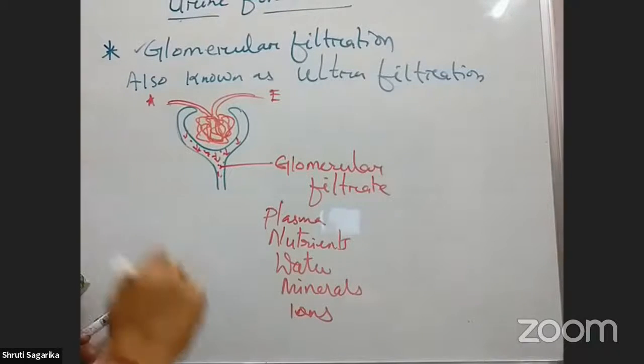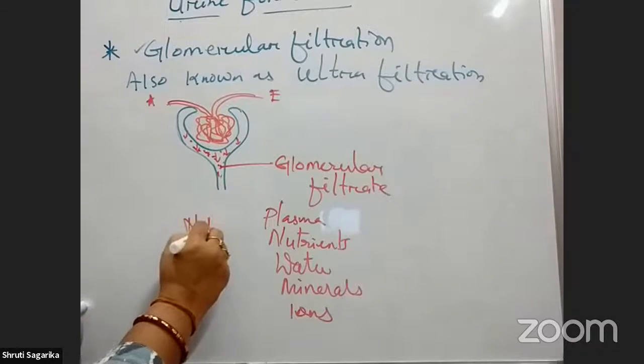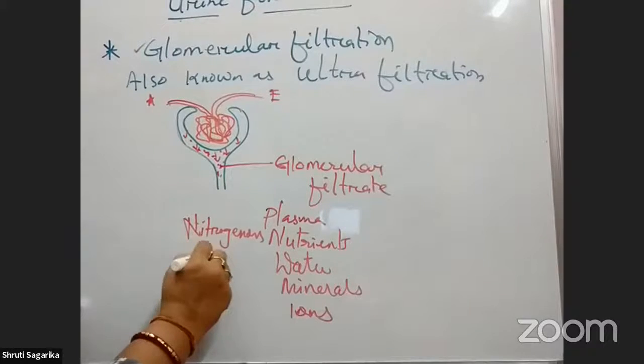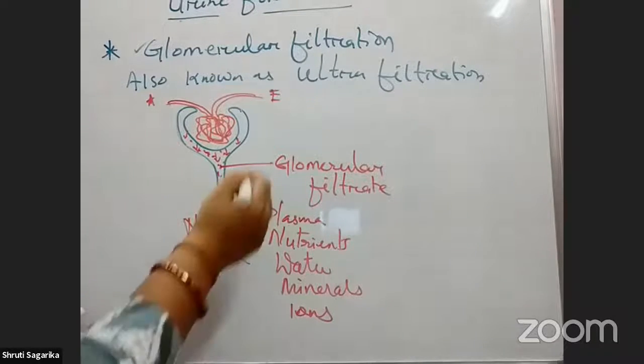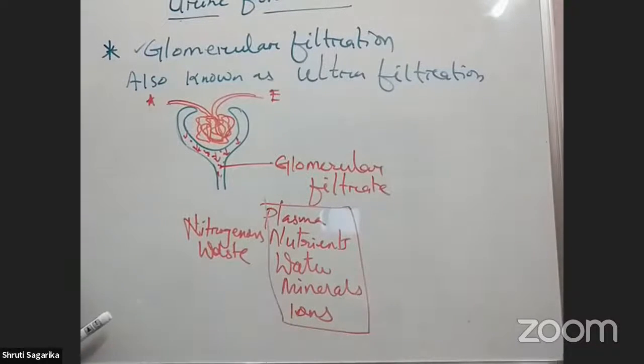What else comes out? The main substance, the nitrogenous waste, also comes out along with these substances. Clear?